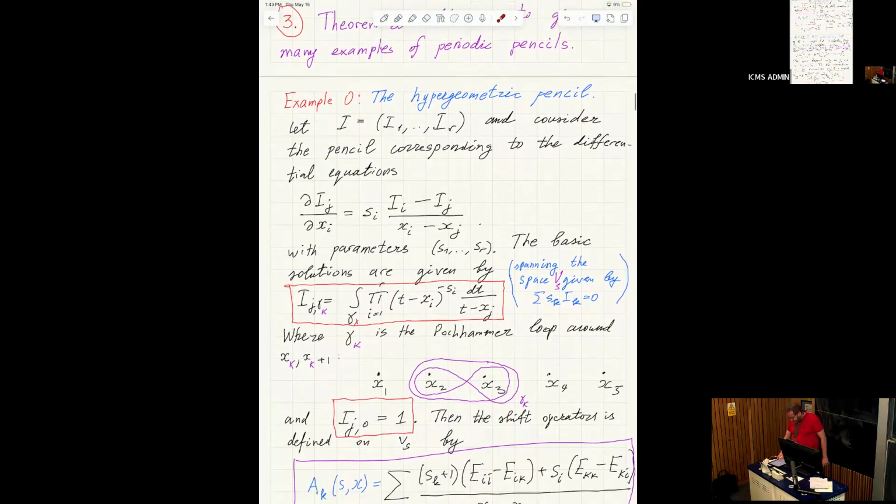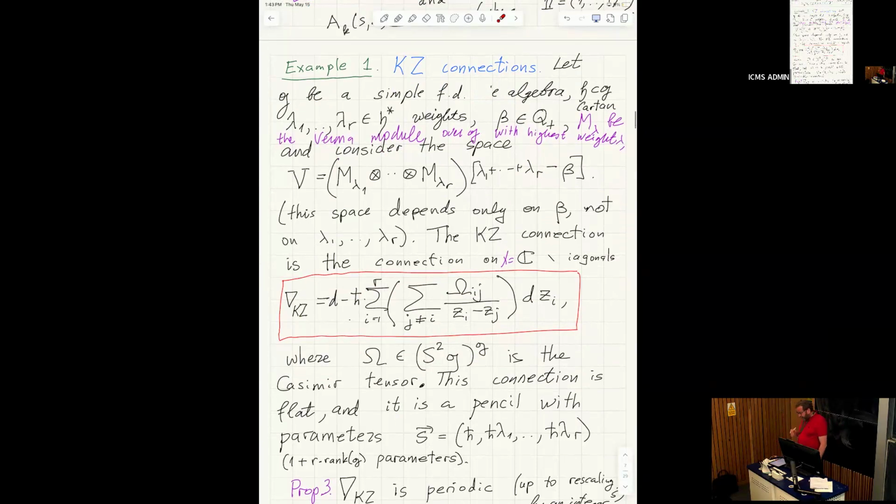So I gave you already the example of the hypergeometric pencil, but a more general example is the Knizhnik-Zamolodchikov connections.